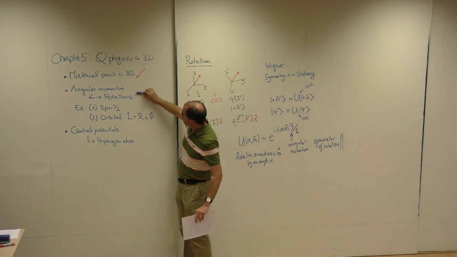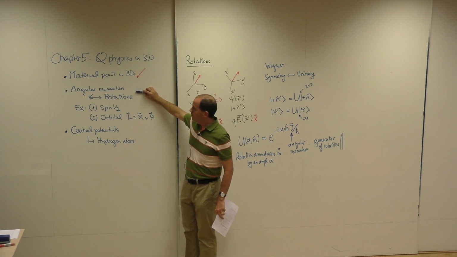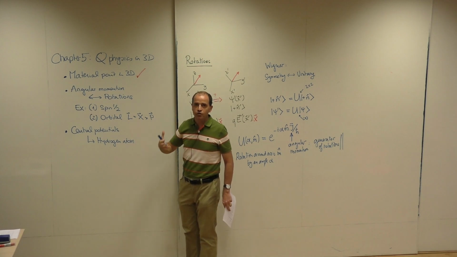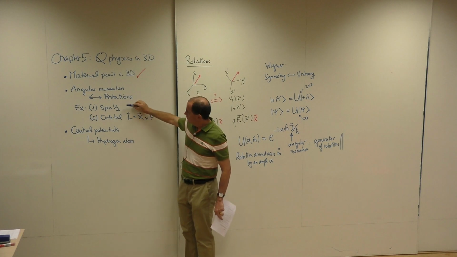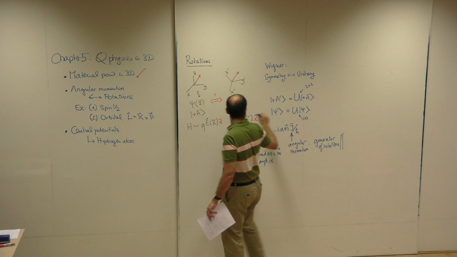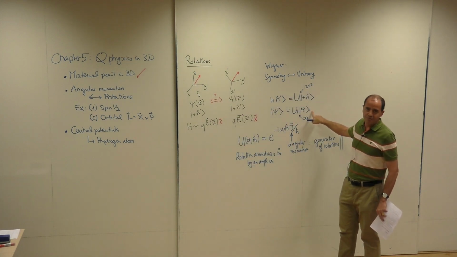I tried to explain to you this point. Now we are going to do the general theory of an angular momentum. What should an angular momentum satisfy to be an angular momentum? And later, given this general theory, we are going to construct two examples. One for the spin half, and one for the material point.